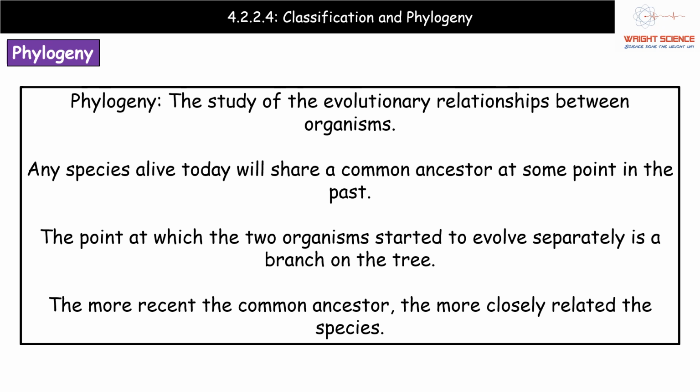Now, what we can do with this information, once we've worked out roughly when they had that common ancestor, what we do when we construct these phylogenetic trees is we set up a little branch point. So basically, at that point that the two organisms started to evolve as separate entities, then that will be a branch on the phylogenetic tree. And the more recent that common ancestor, then the more closely related the two species are to one another.